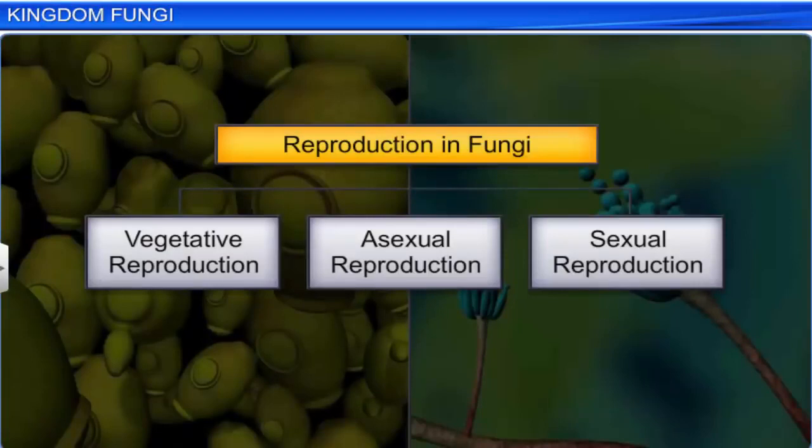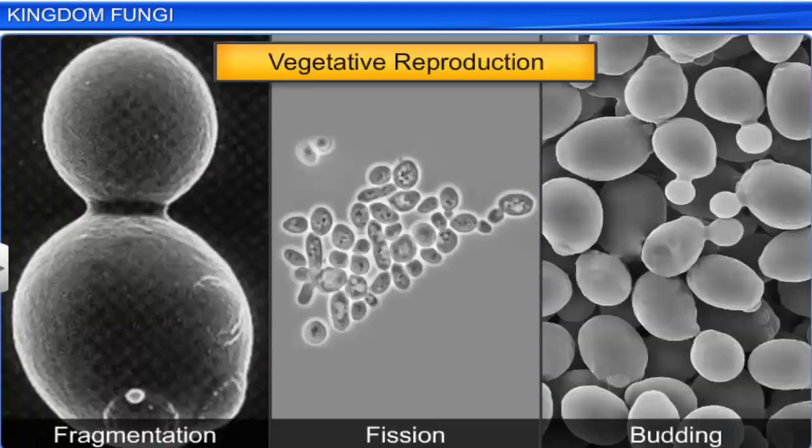Fungi can reproduce vegetatively, asexually, as well as sexually. Fungi reproduce vegetatively by fragmentation, fission, and budding.